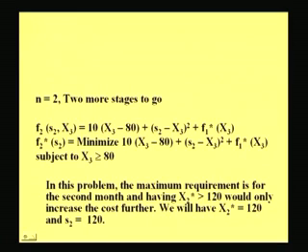So, the function is 10 into x3 minus 80 plus S2 minus x3 the whole square plus F1 star of x3. F2 star of S2 is to minimize this subject to the condition x3 greater than or equal to 80.